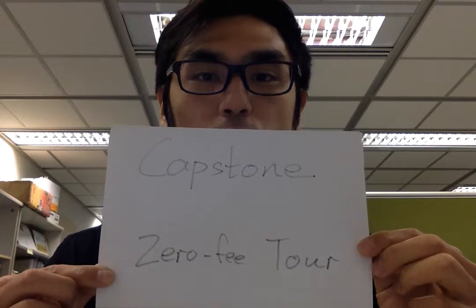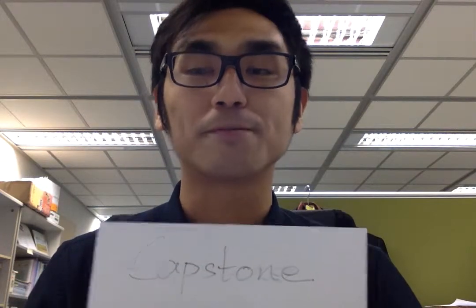The third case that we will go through in LABU2052 is the capstone case, the one with the zero-fee tour. Capstone is actually a case competition. It is going to happen at the beginning of May. A case competition is related to presentation, but only 3 teams will enter the final, and all the instructors of the LABU teaching team will decide which 3 teams will enter the final.